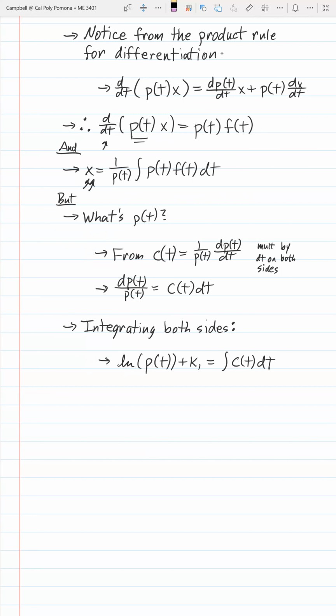Now, to make things a little bit easier, let's go ahead and integrate from 0 to t, where we're still capturing the fact that we have this parameter t that we're going to end up with in this expression, c of t times dt, but we'll explicitly pull out the constant of integration, k2.